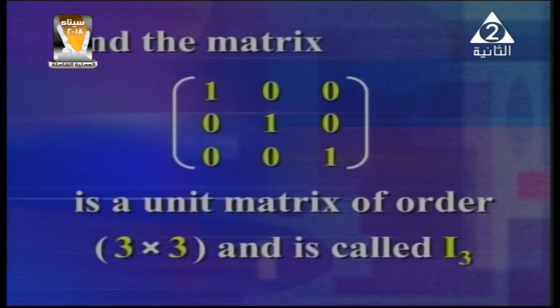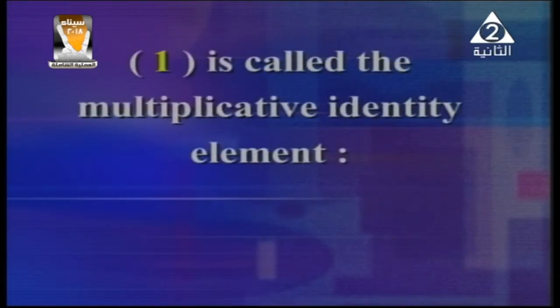I2 is a square matrix, but I3 means a unit matrix that has 3 rows and 3 columns, where the principal diagonal elements must all equal 1 and all other elements are zeros. I is called the multiplicative identity element.